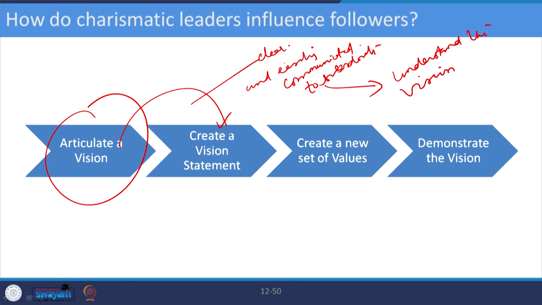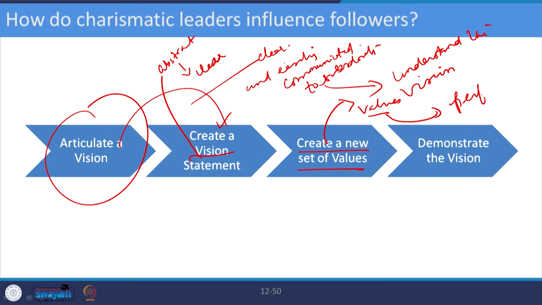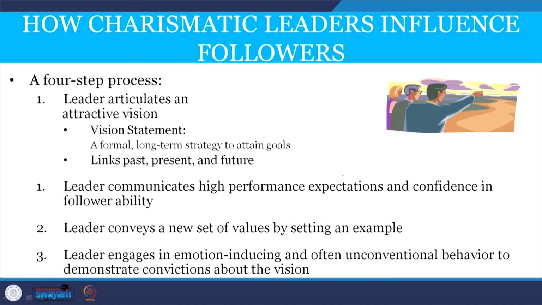The vision is not abstract, but it is clear and consistent. Then they create a new set of values, certain values which will be guiding employees' performance, values to guide performance. So, they demonstrate the vision, so they can influence subordinates.